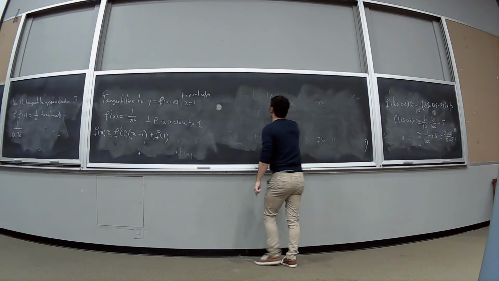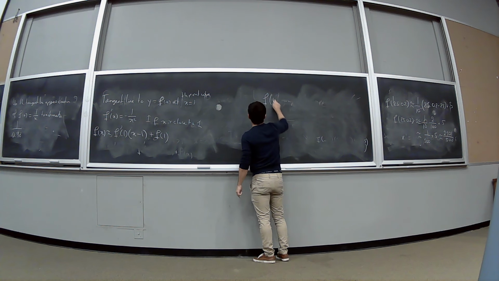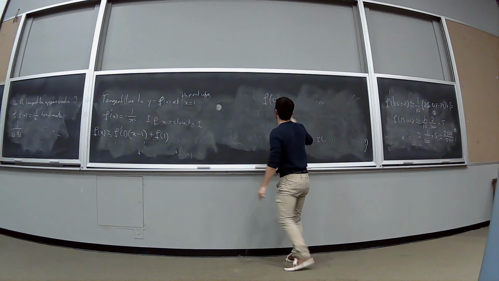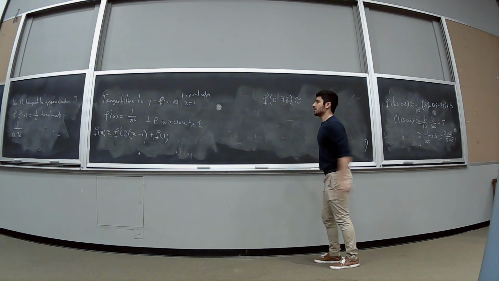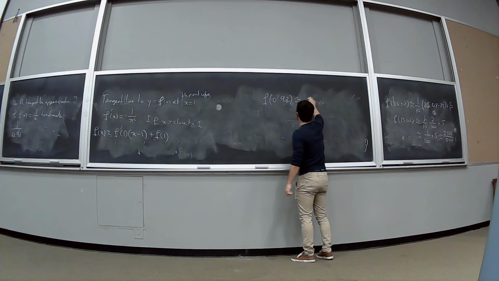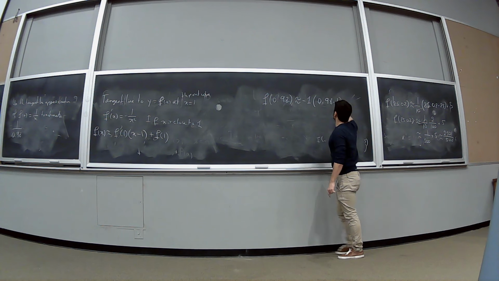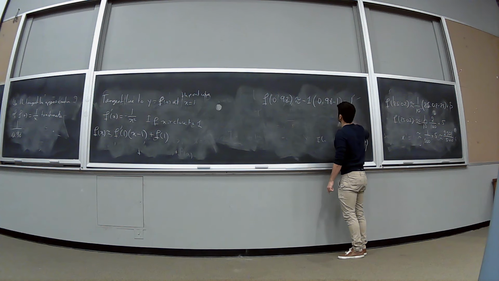So f of x is approximate. So what do I need? I need f of what? F of 0.98 is approximately equal. What's f prime of 1? F prime of 1 is minus 1 times 0.98 minus 1 plus f of 1 is 1.